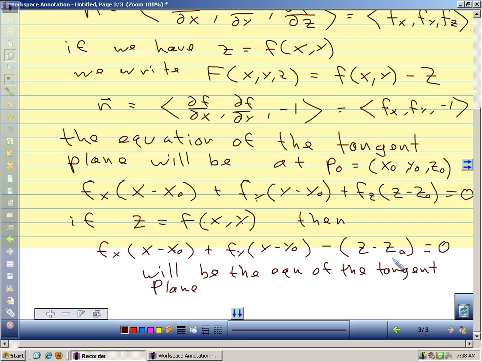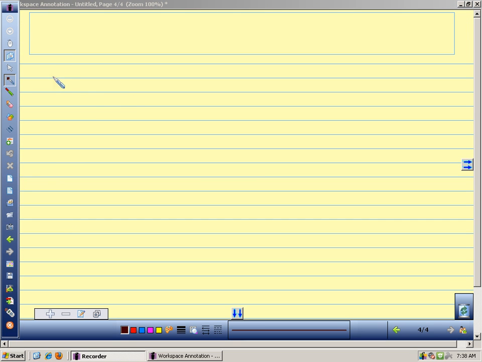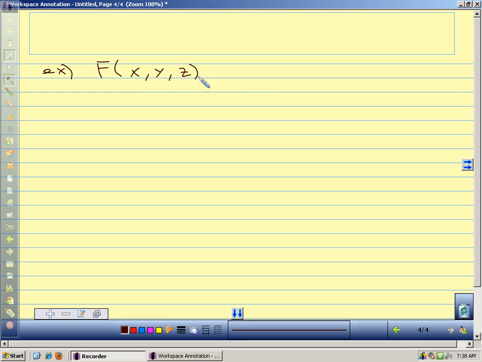All right, let's look at a couple of examples. First off, we want to describe the level surface for f of x, y, z equals 0. So for my first example, we have f of x, y, z equals 3x minus 5y plus 3z minus 15.